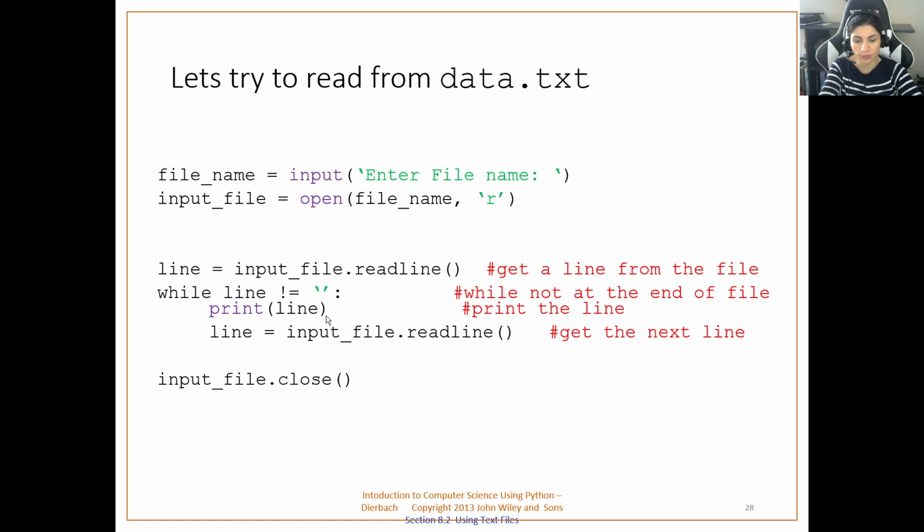You do some operations on it, and then at the end you make sure you close that file object. So input_file.close. You always make sure you opened it and you always close it at the end.